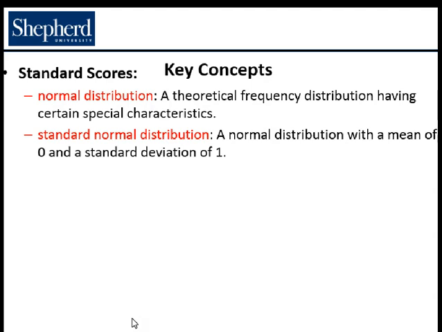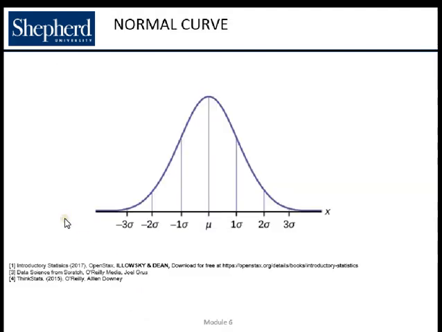A normal distribution is a theoretical frequency distribution having special characteristics. It has a mean of 0 and a standard deviation of 1, and the mean, median, and mode of the distribution are all zeros. And here we see the curve of a normal distribution. And of course this is a symmetric curve, and we see that the average, or mu, is located in the center.